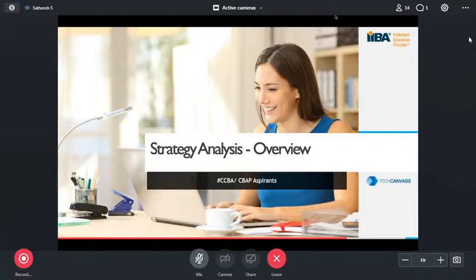And who really does strategy analysis? I don't know the reason why IIBA has added strategy analysis in BABOK. Maybe they are expecting that down the line a business analyst can also become a strategy analyst. But to be candid, to be honest, in today's organizations, strategy analysis is done by management consultants. Who are those management consultants?